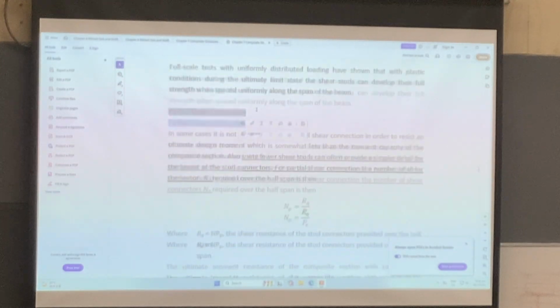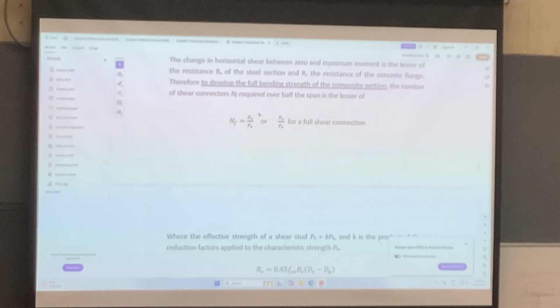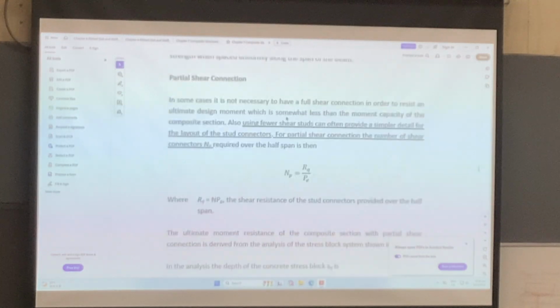Now R is the force within the concrete, RC, okay, or RS. If you put fewer shear studs, that means the shear force in the concrete will be smaller. It can be equal to RQ, okay? I don't know what Q is, but I just know that the compression within the concrete will be smaller. The value is equal to RQ, okay? Then P is the shear capacity of the shear stud. Then NP is the number of shear studs that I put in there.